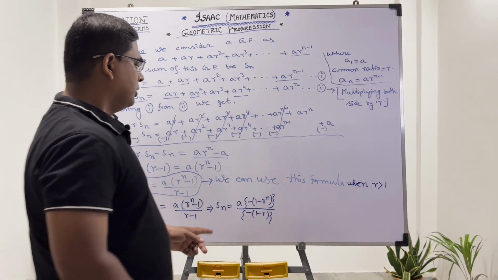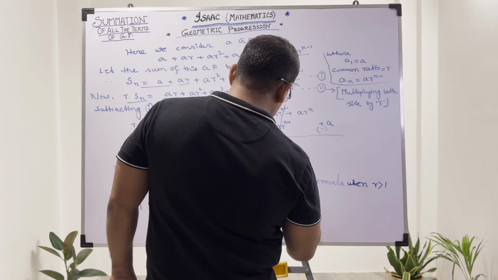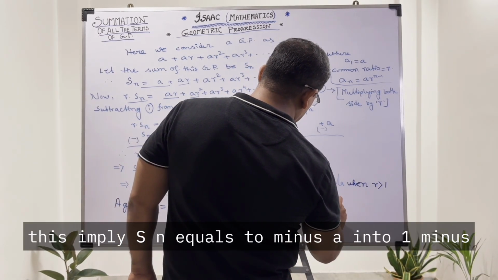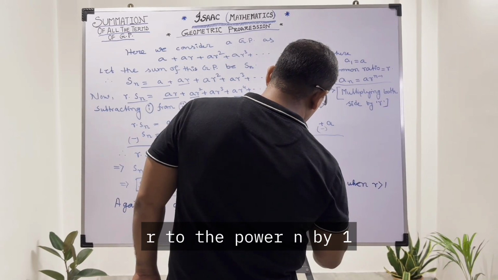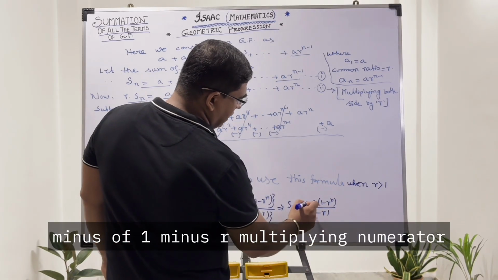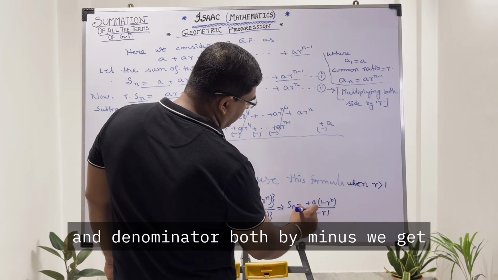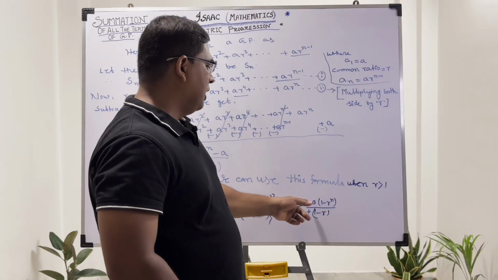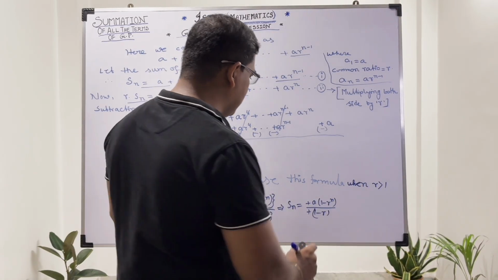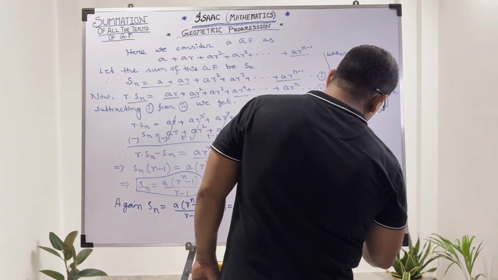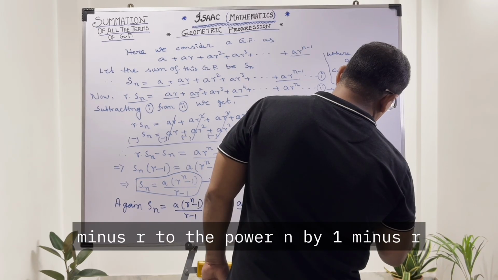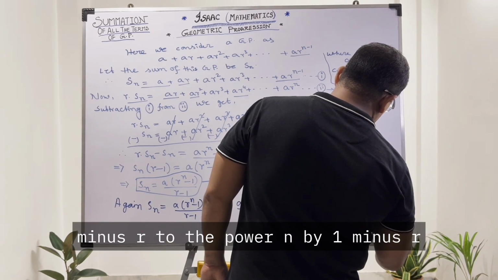Okay. This implies Sn equals minus a into 1 minus r to the power n by minus of 1 minus r. Multiplying numerator and denominator both by minus, we get plus a into 1 minus r to the power n by 1 minus r. So this implies Sn equals a into 1 minus r to the power n by 1 minus r.